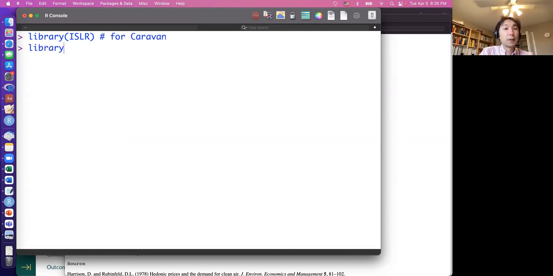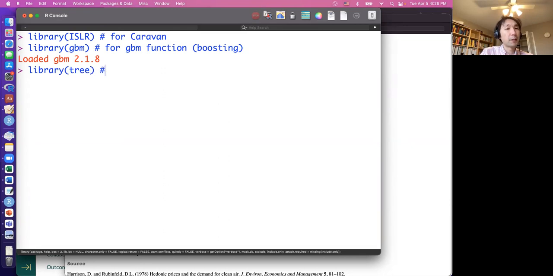And we need the library gbm for the boosting GBM function. Later we use other methods, maybe just in case we load the tree library, since we may need some function from it.